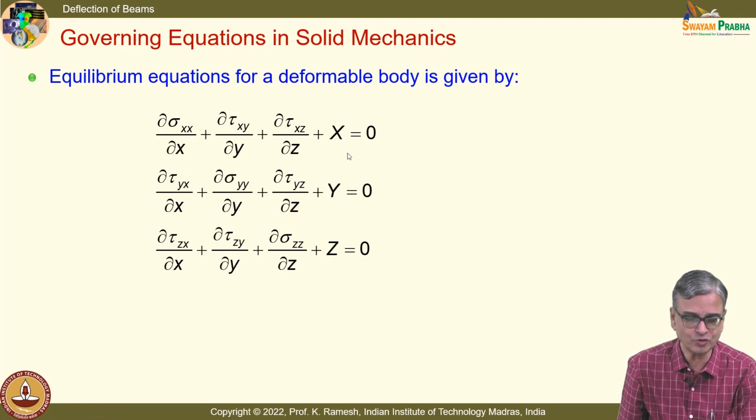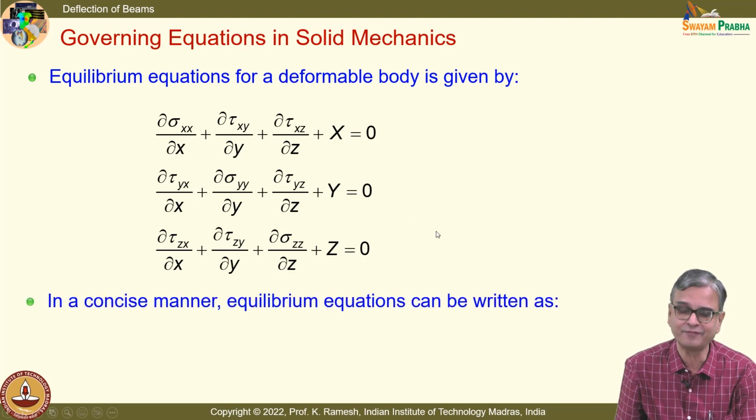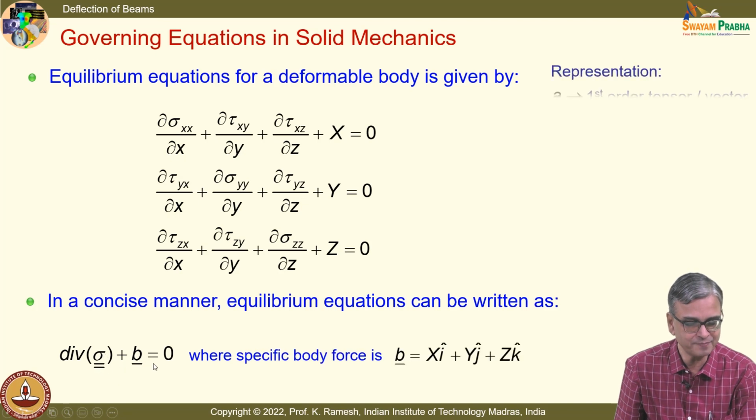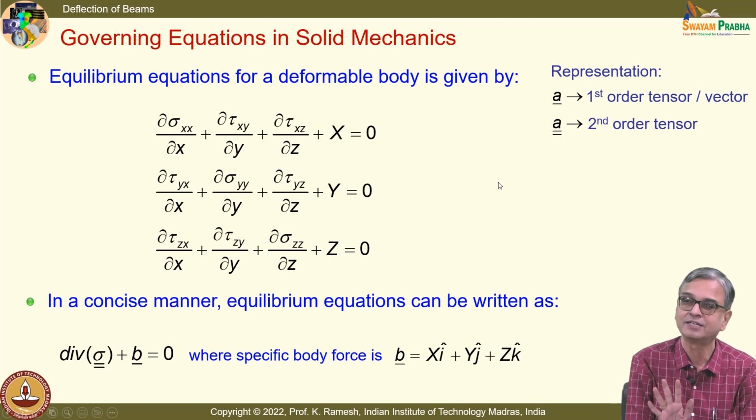Now what I am going to show is, to make our life a little difficult to see the equations, this can be written in a very concise manner as divergence of sigma plus B, where B is the body force, and you have the symbolism. If I have one bar, it is a vector, if it is two horizontal bars, it is a tensor of rank 2.